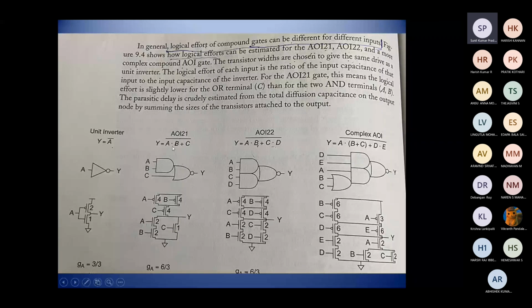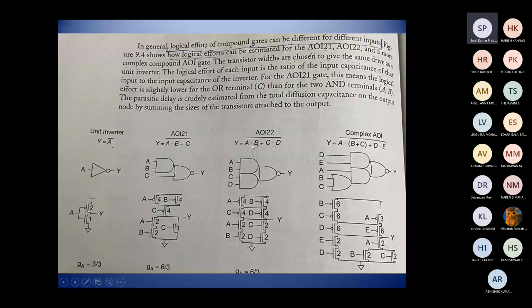So if the question asks you to implement these compound gates using CMOS logic, you have to draw like this. Okay.